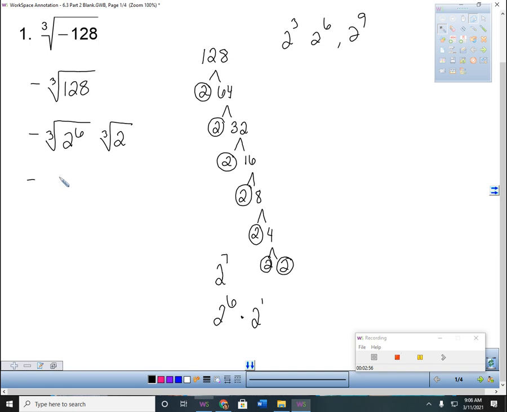So I'm going to take my base of 2. I'm going to divide the 6 and the 3. 6 divided by 3 is 2. And then I've got my cube root of 2 at the back here. So just square that. 2 squared is 4. So we get negative 4 cube roots of 2.